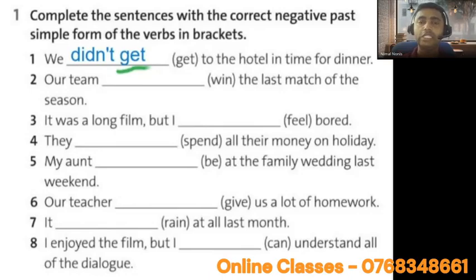If the sentence is written in the positive form, then only the verb is written in the past tense. That's the rule. The verb has to be in the past form only if you are writing the sentence in the positive past tense. So we didn't get to the hotel in time for dinner.